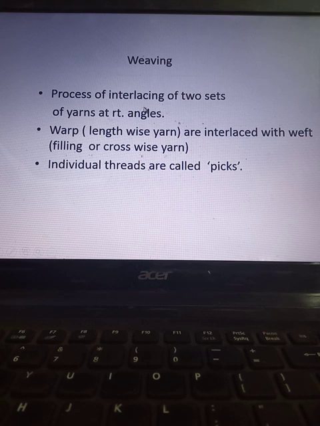You can try this even with paper strips. So here we are interlacing two sets of yarns at right angles, giving us the plane, that is the cloth.